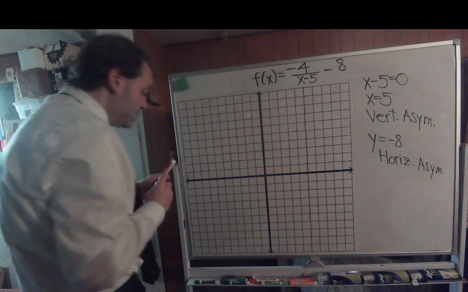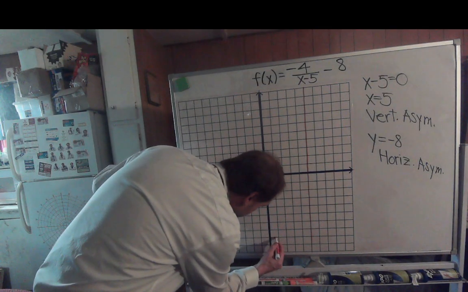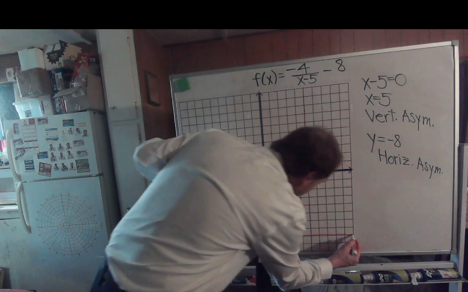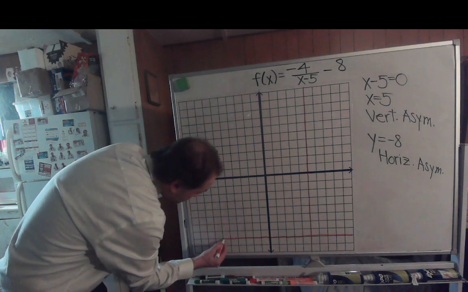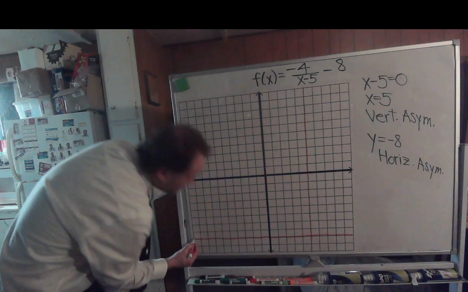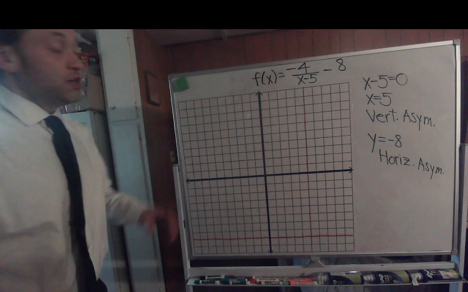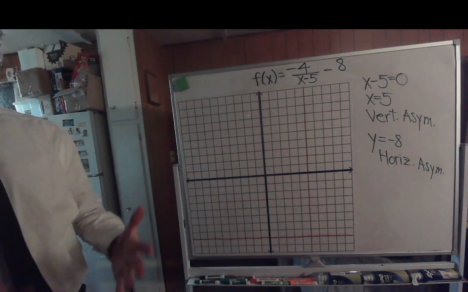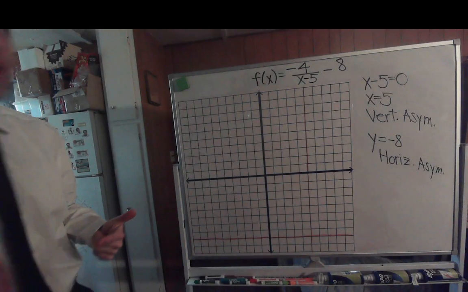Okay, so let's fill that in too. All right, so we've plotted both asymptotes now. And notice we have a negative constant in the numerator, so we're actually going to have a reflection of the normal rational function in the x and y axis also.